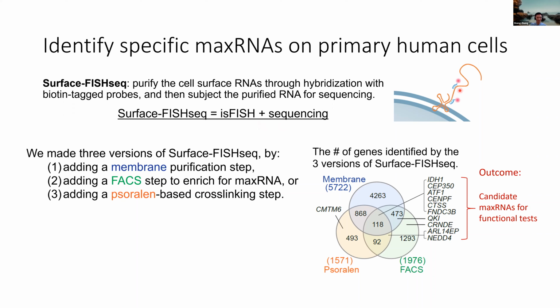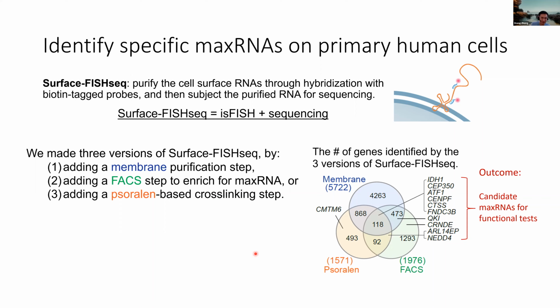In order to minimize background noise, we generated three technical variations, each adding some additional filtering step to hopefully narrow down the RNAs that are indeed from monocytes or on the cell membrane. In the end, we derived a few hundred putative candidate surface RNAs, and we tested around 11 of them. Most of our tested candidates are in the intersection of the three technical variations.